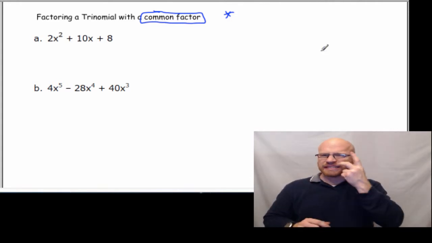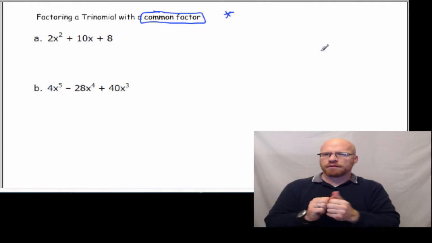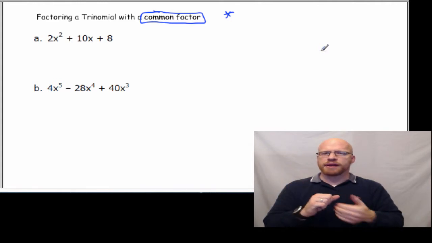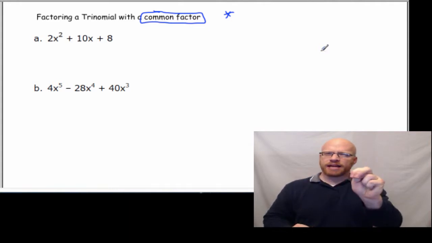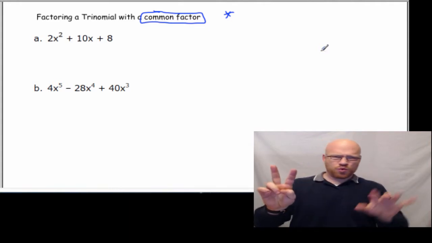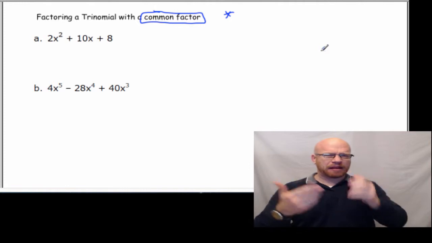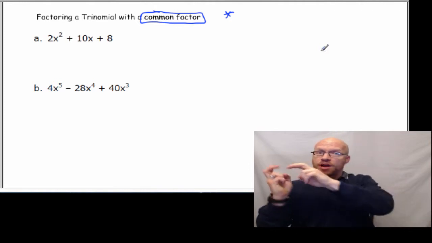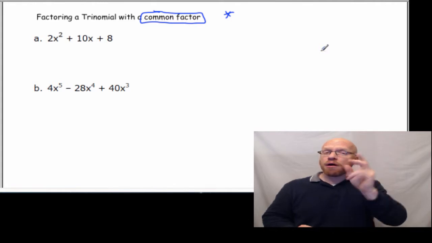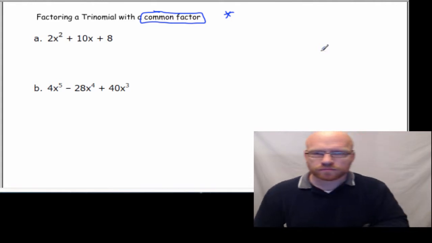What this means is that we can see the first example, A. We have 2 in our first term and 8 in our last term, and they're all even: 2, 10, and 8. If I try to factor 2 and then 8, it may be complicated, but it might not. But if I divide out a 2, factor out a 2, we'll see what happens.